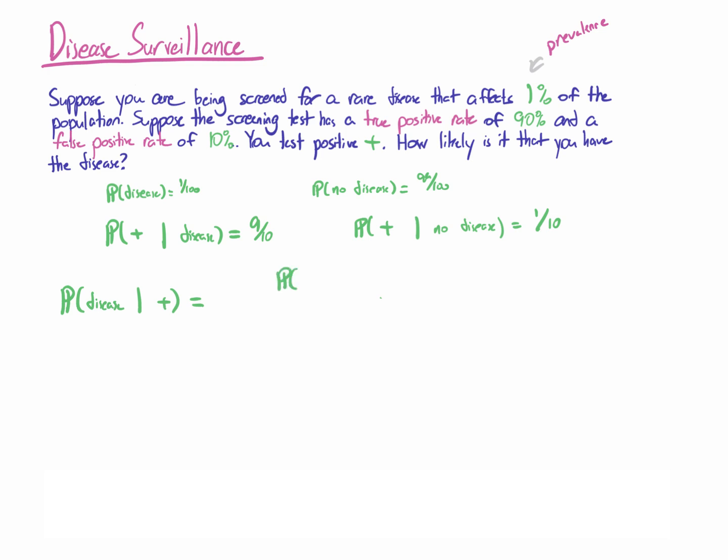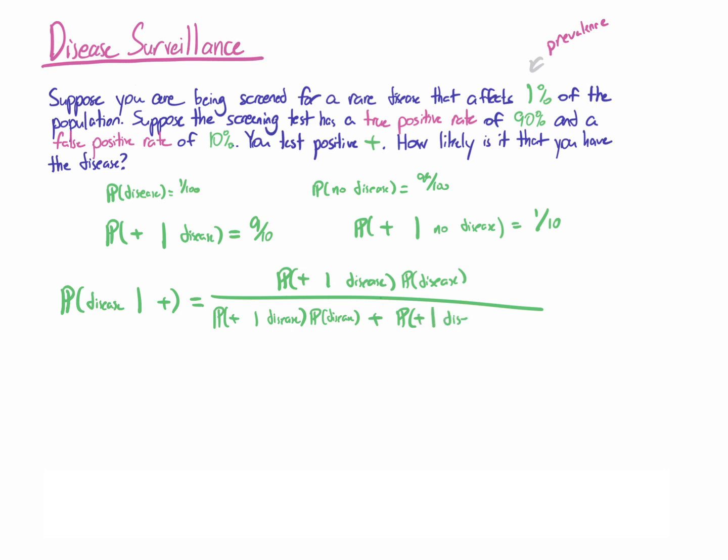In particular, it's the probability that I test positive, given that I have the disease, times the probability of having the disease, divided by the probability that I test positive, given that I have the disease, times the probability of disease, plus the probability that I test positive and have no disease, multiplied by the probability of having no disease.